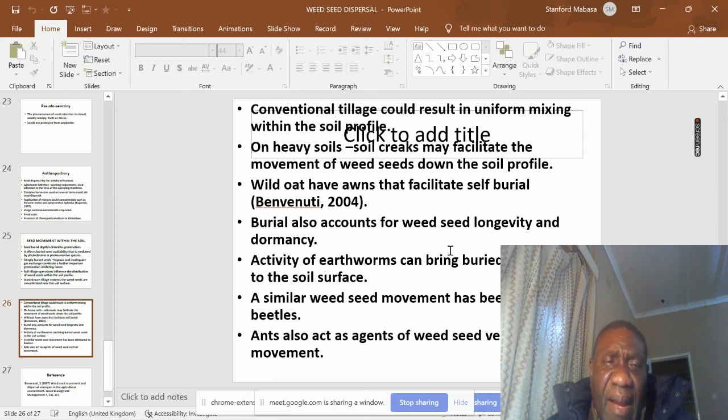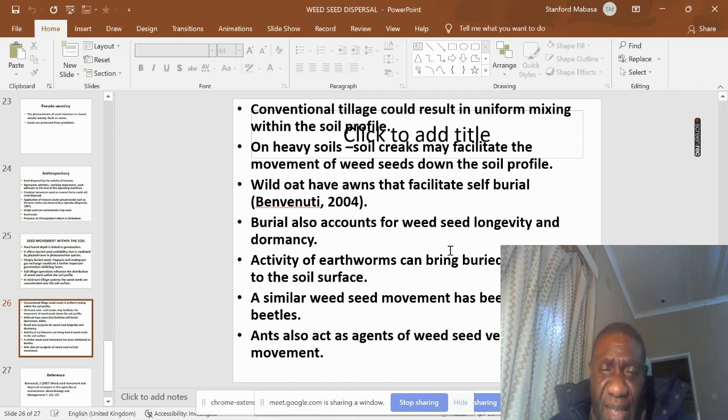This stretching action by the awns is common in wild oats, and it can facilitate seed burial, but it's a small movement. Burial also accounts for weed seed longevity and dormancy.